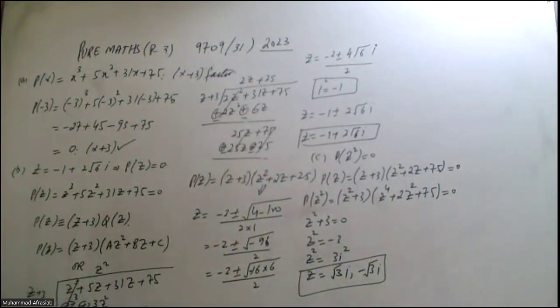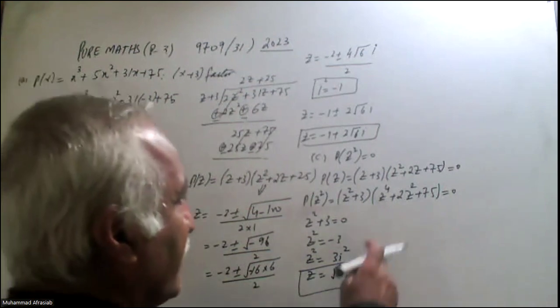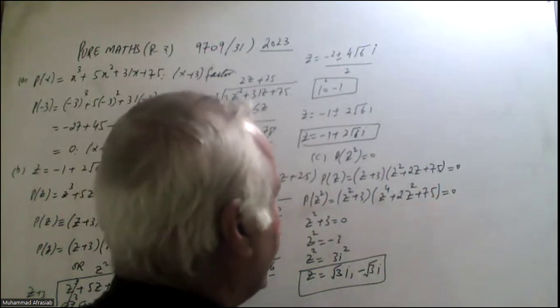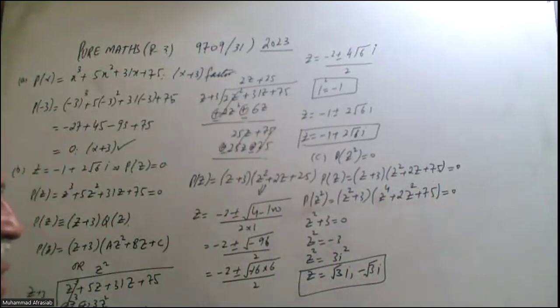Now for the second factor, z to the fourth plus 2z squared plus 25 equals 0, it is a quadratic equation in terms of z squared.